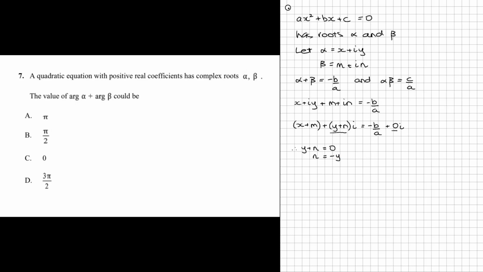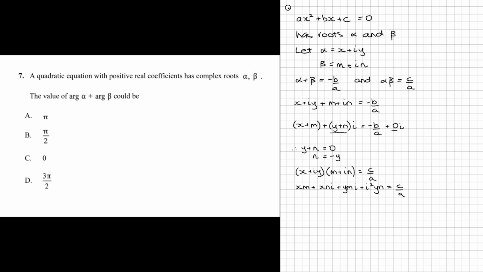So if I took alpha times beta, I'd get x plus iy times m plus in would be equal to c on a. Now if I expand this out, I'd get xm plus xn i plus ym i plus i squared yn would be equal to c on a.